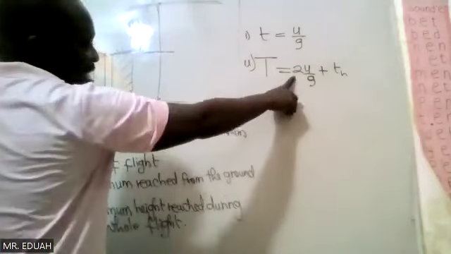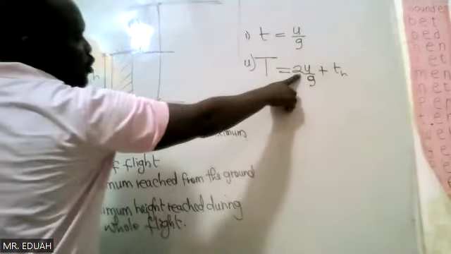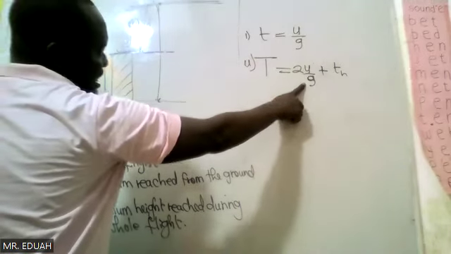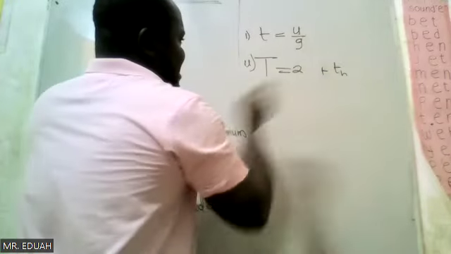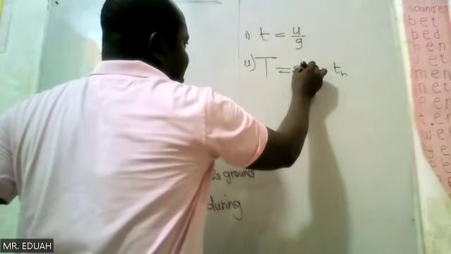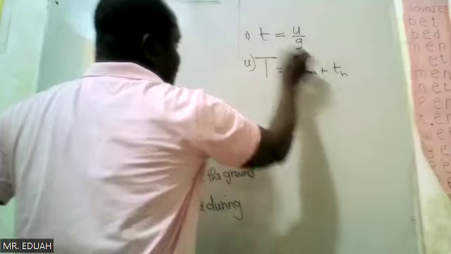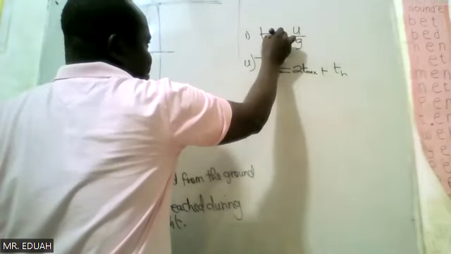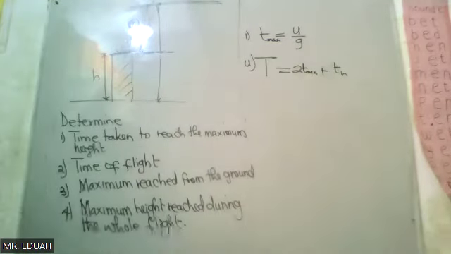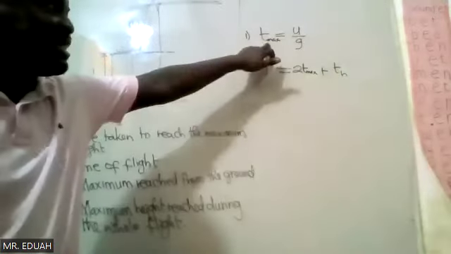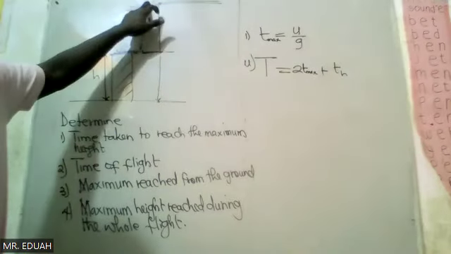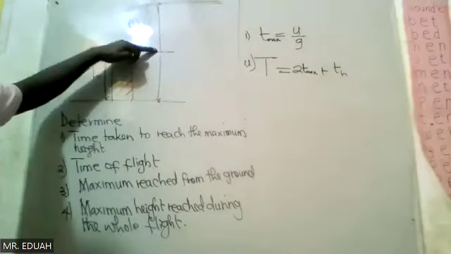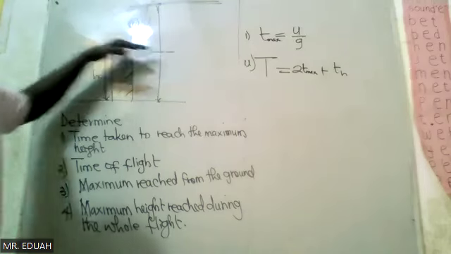That is the reason why we have 2 times U over G. Or we can indicate this as 2T max. Let's represent the time taken to reach the maximum height by T max. So it will use 2T max to move from here, get to the maximum height, and then return to that level. Are you okay?